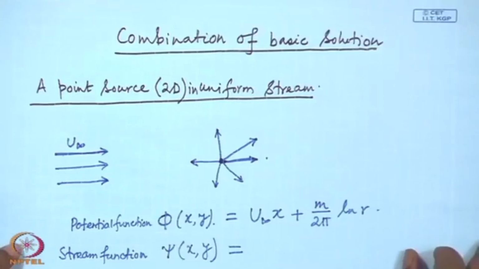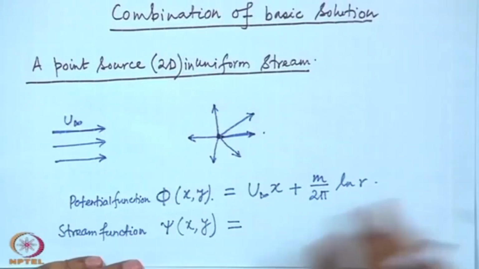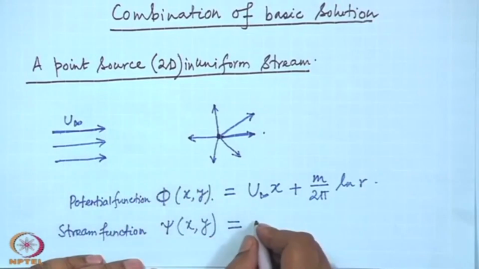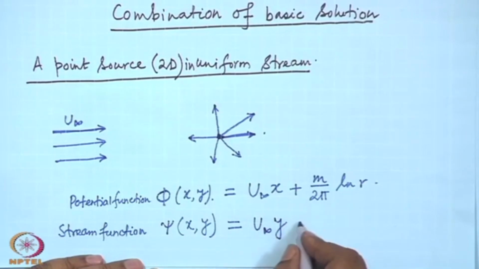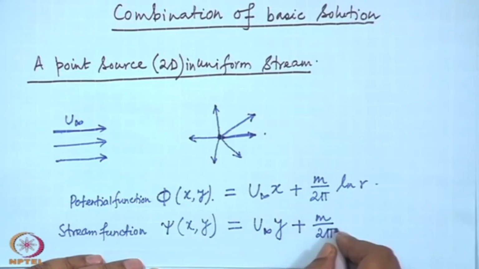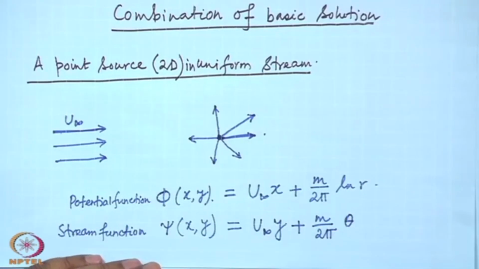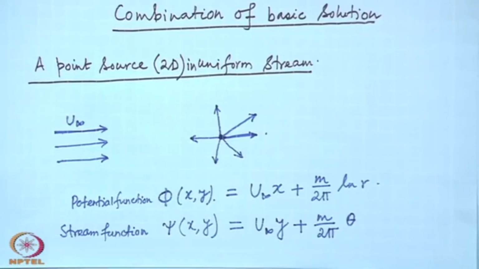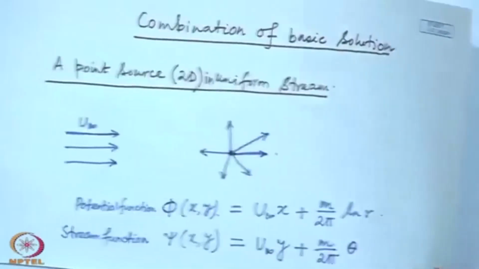It is u infinity y for the uniform stream. Eventually, these are the streamlines. Plus m by 2 pi theta plus a constant. Now find the velocity components.